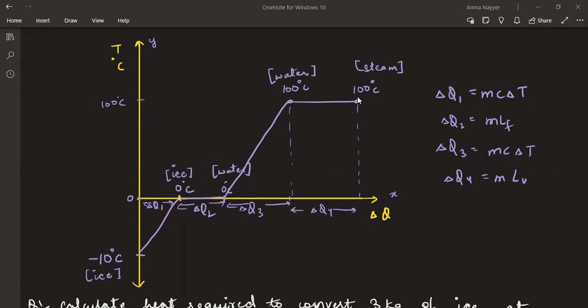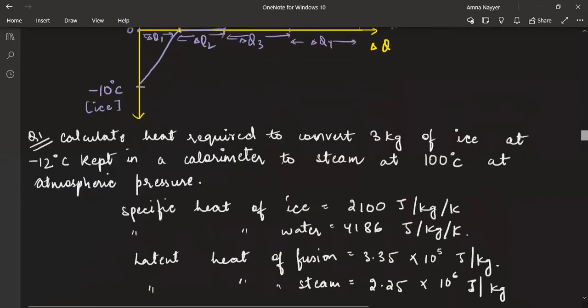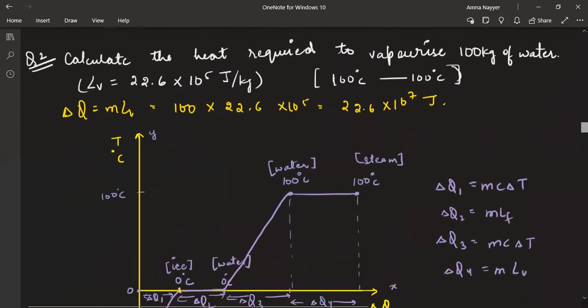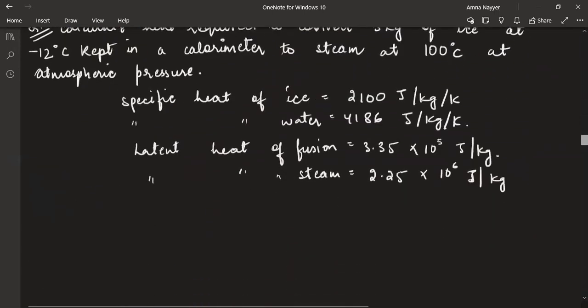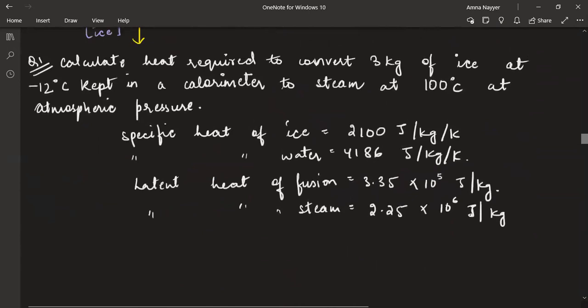On this you also have questions, and in combination of these we are going to discuss one important question. Do one thing, write down everything together. Let me discuss this with you first. Calculate the heat required to convert 3 kg of ice at minus 12 degrees Celsius kept in a calorimeter to steam at 100 degrees Celsius at atmospheric pressure.